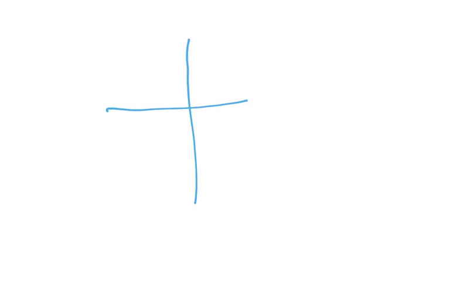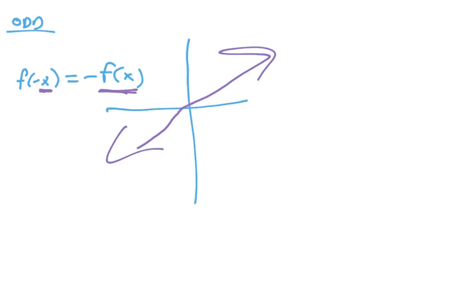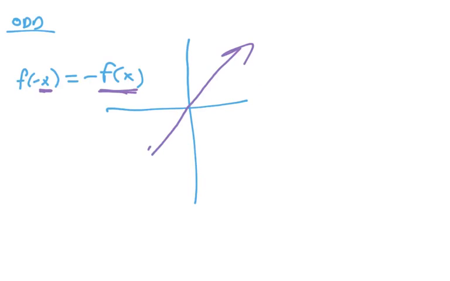So an odd function is defined as f of negative x equals negative f of x. What does this mean? Well, this means when you change x to a negative, the y is negative. So a common one is a line. I can do that better. Hold on. It's really hard to write at an angle. Okay. Why is that true?